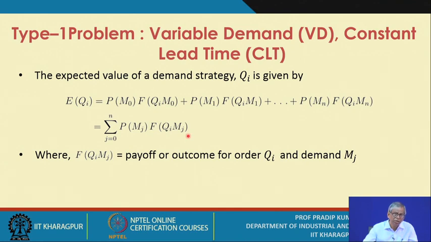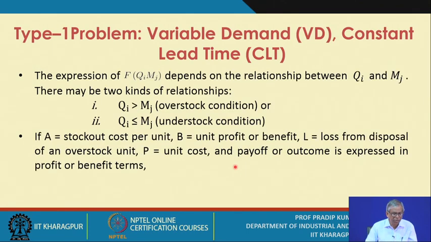So I hope that you have clearly understood the notations and their interpretations. Now, we have mentioned that f(Qi, Mj), that means payoff or outcome for order Qi and demand Mj, is your starting equation.